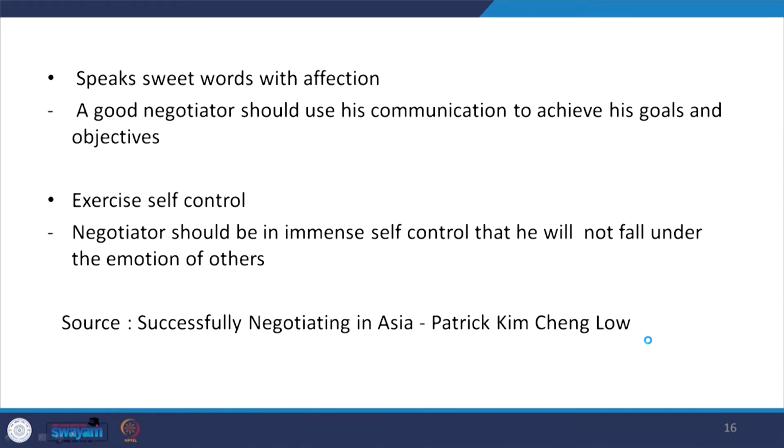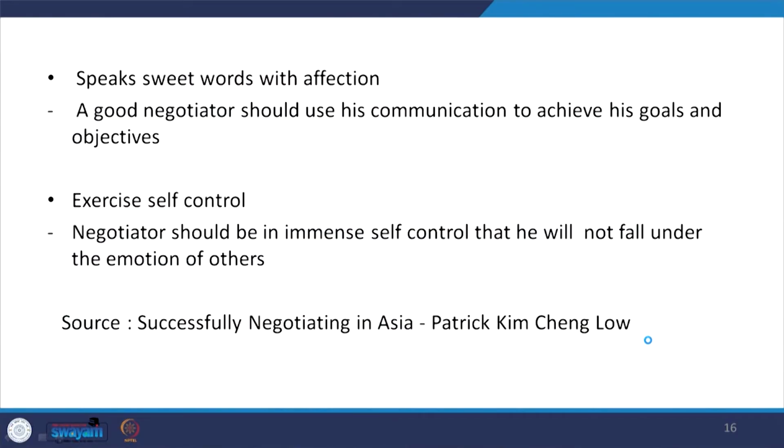The last slide, with which I would like to conclude this session, is emotional negotiation: speak sweet words with affection. Whenever you are having a negotiation, please be mindful. The first step, do not forget, is to be mindful, have emotional stability, and then start and initiate with the positive. Therefore, your words in the beginning have to be sweet words with affection.